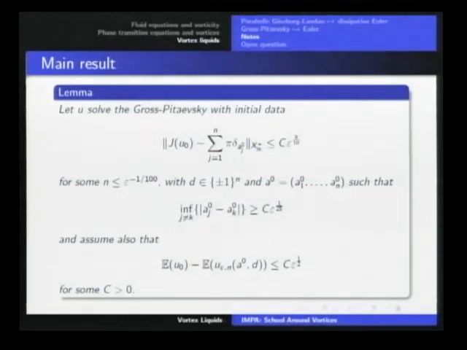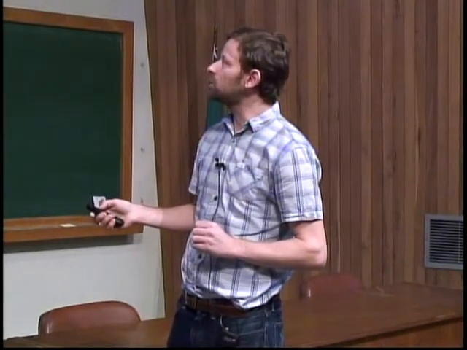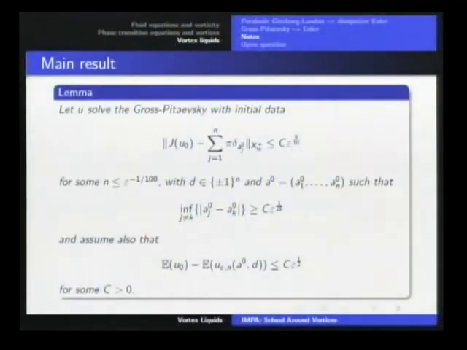And these vortices are not too close together, but can be close. And suppose that this energy that's renormalized at infinity is close to a perfectly constructed profile.